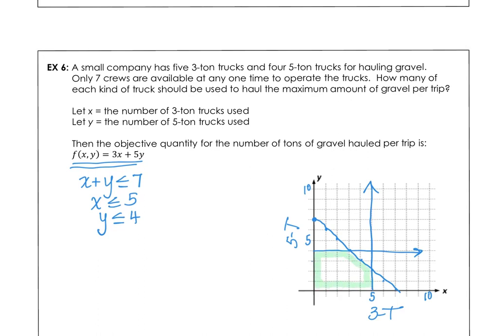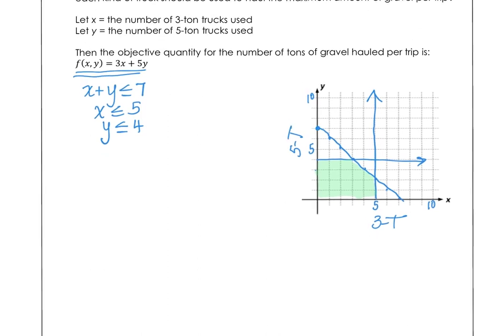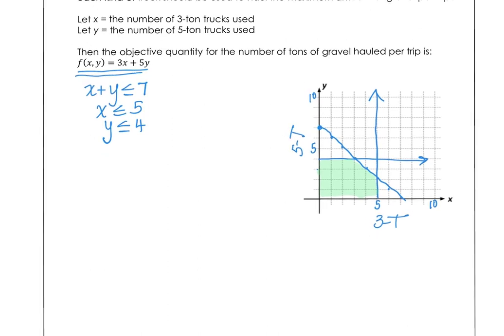Our vertices are at the origin, 0, 4, 3, 4, 5, 2, and 5, 0. And our job is to find the maximum there. So our constraints look like x and y, and the objective quantity, and then the tons of gravel that they can haul.